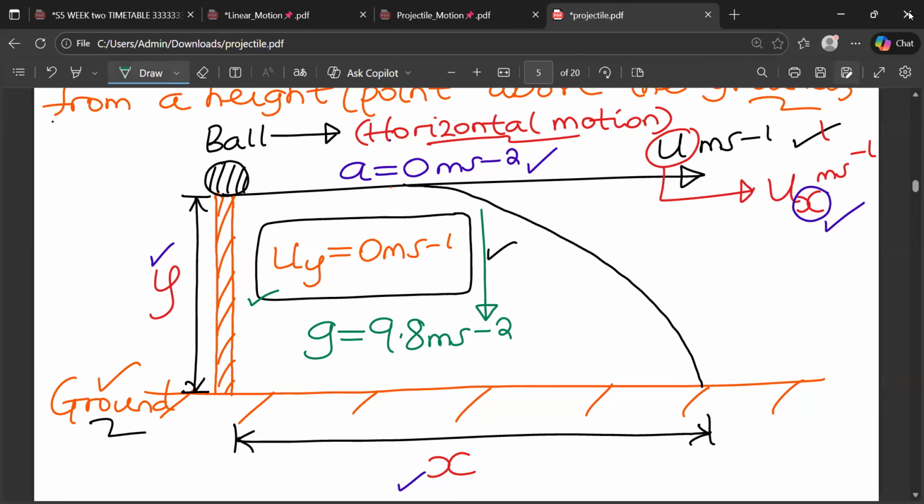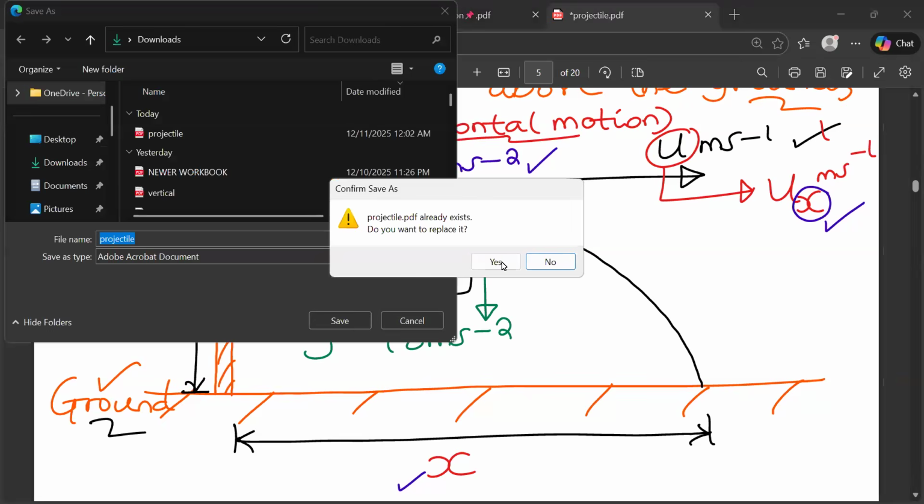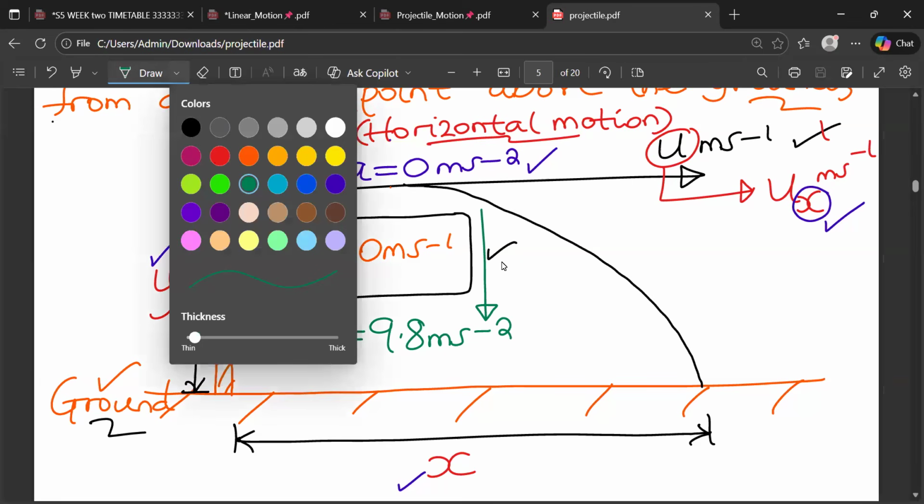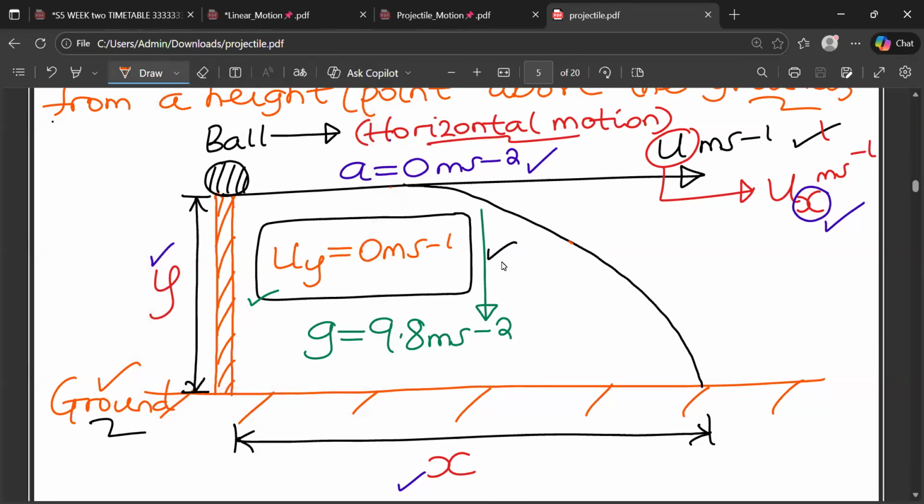Now, there is something I need you to understand. As I was explaining, finally or eventually, gravity comes and pulls our body down. Of course, what is pulling it is vertical. I want you to follow here. And it is the final velocity.